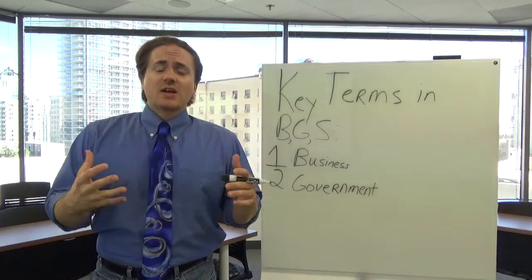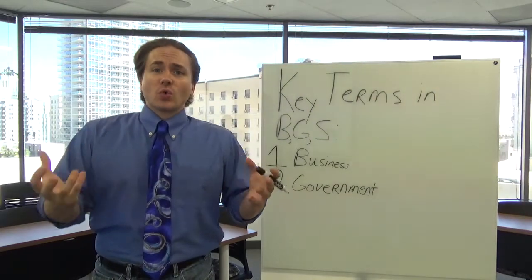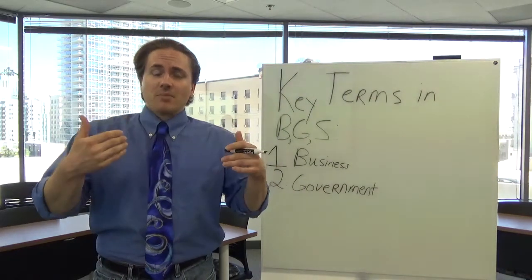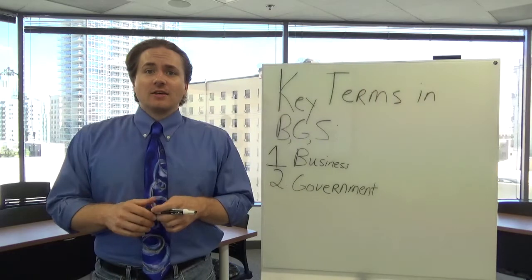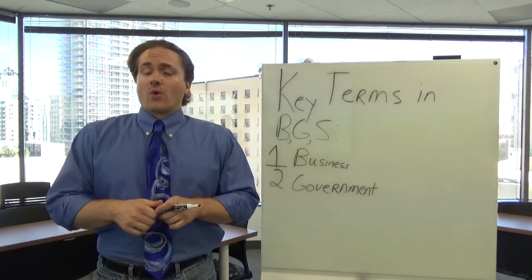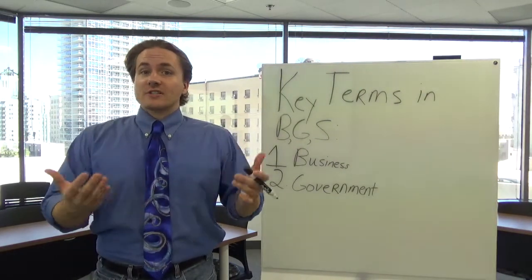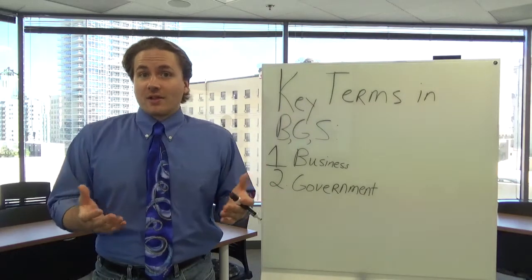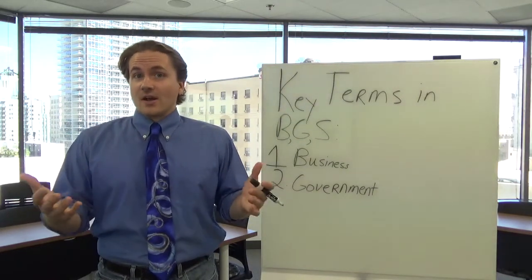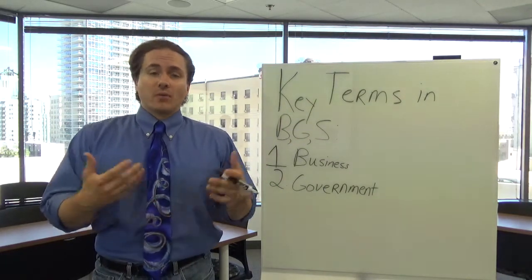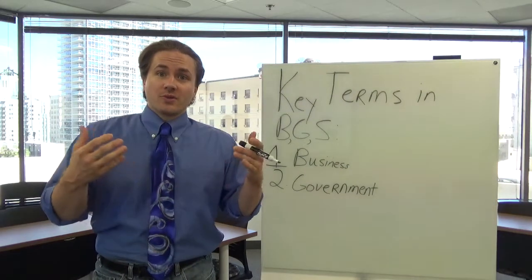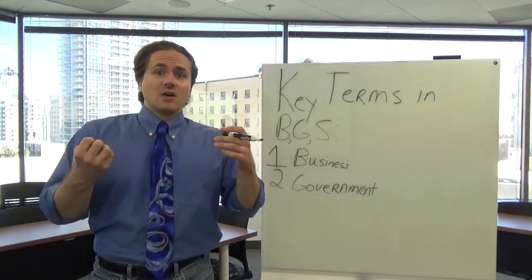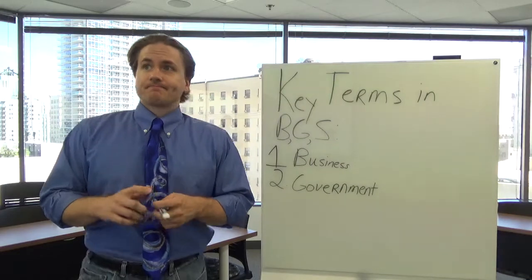In a sense, they are the ones that set the rules of the game that members of business and society must follow. Of course, when you're not sure about a good example of a government, think, quite frankly, almost every country has a government, of course. But we can also look at governments in terms of state, city, or county as well.